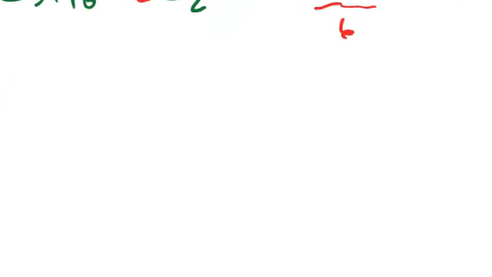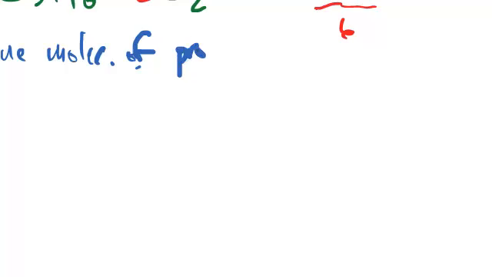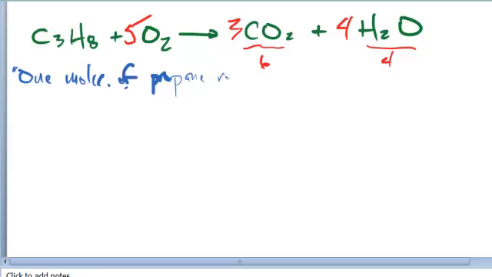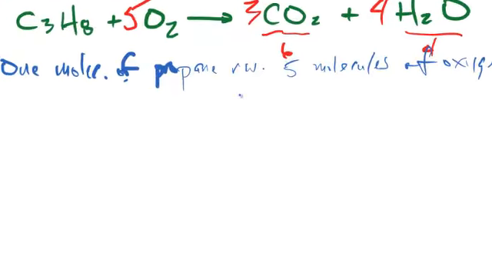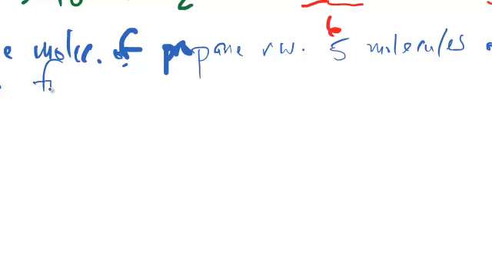In words we would say 1 molecule of propane reacts with 5 molecules of oxygen to form 3 molecules of carbon dioxide.